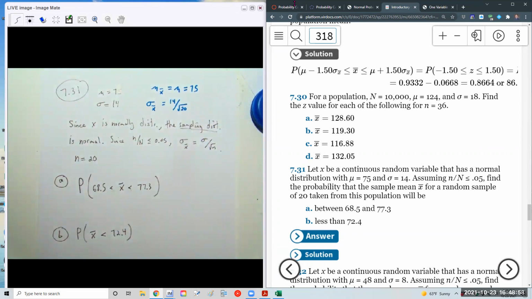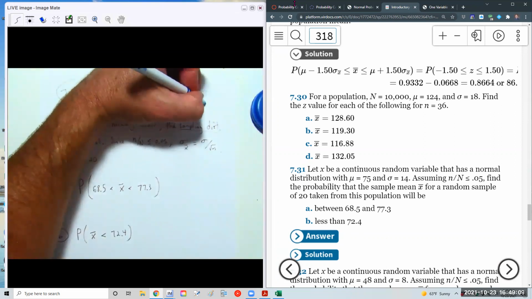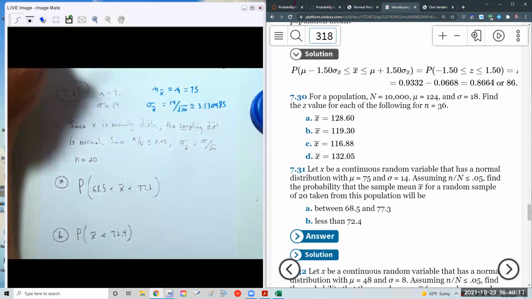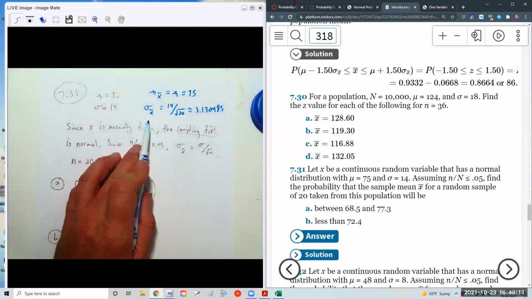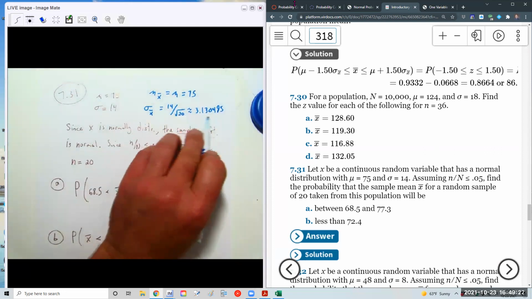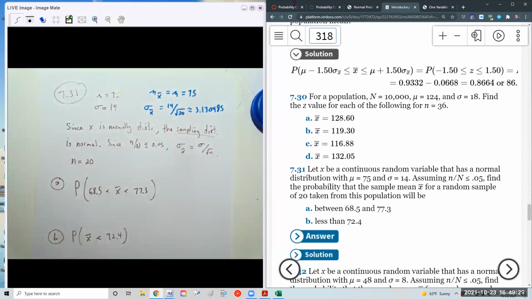It's not going to be a happy number. 14 divided by square root of 20 is roughly 3.13049 and some change. Because I'm going to use this number in a subsequent calculation, I want to make sure I have a good approximation, and that's why I'm taking so many numbers to the right of the decimal point.